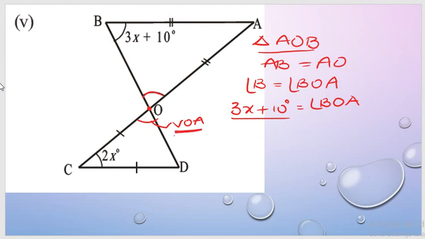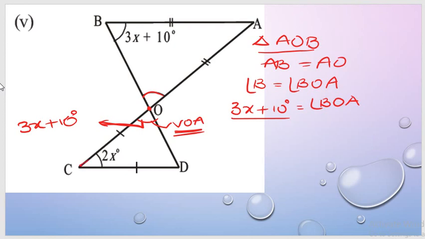Already we know that vertically opposite angles are equal. So this angle is 3x plus 10 degrees.